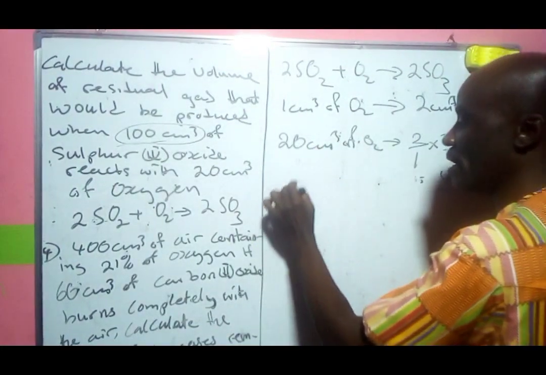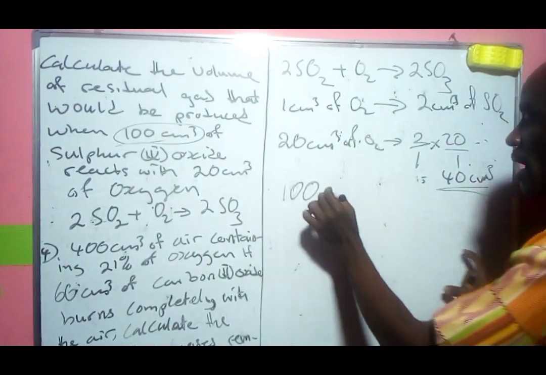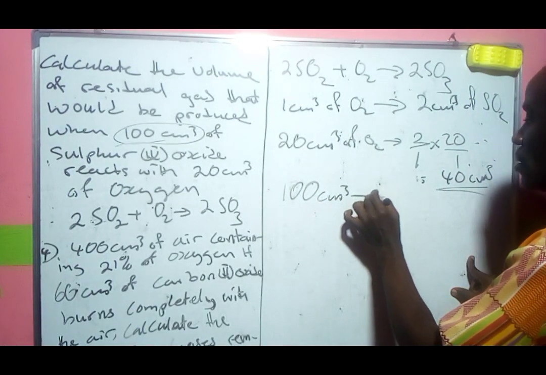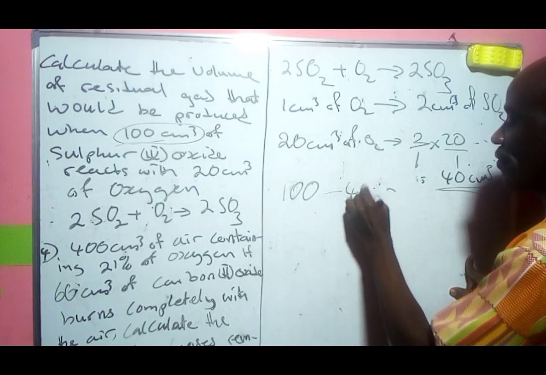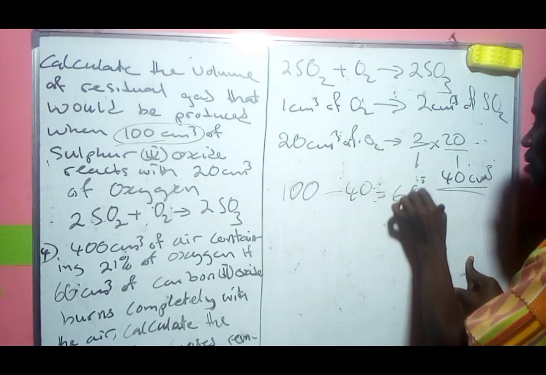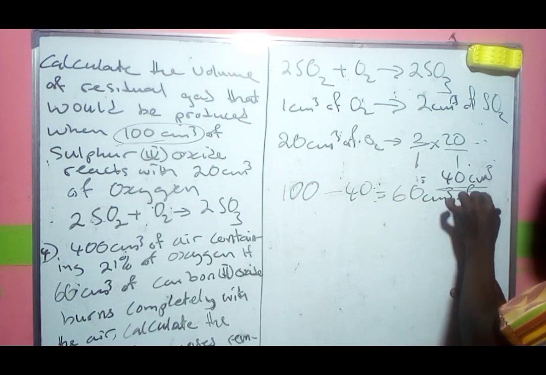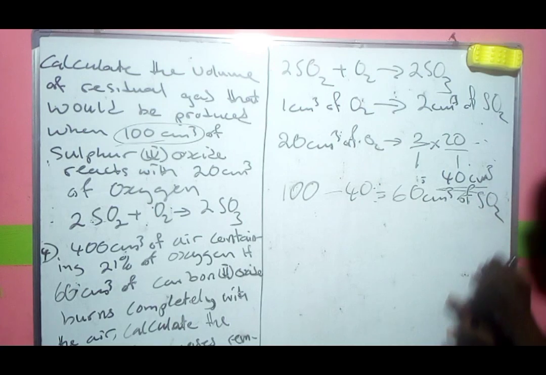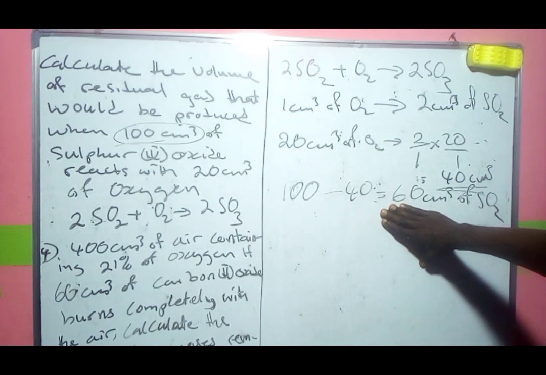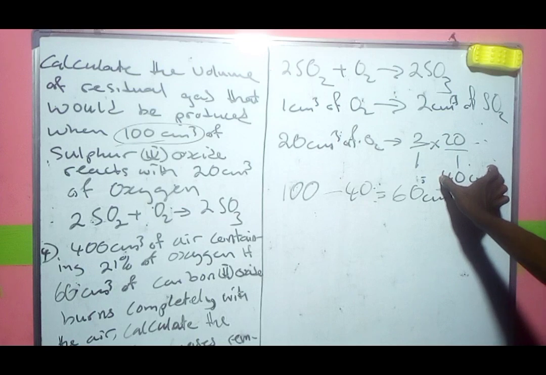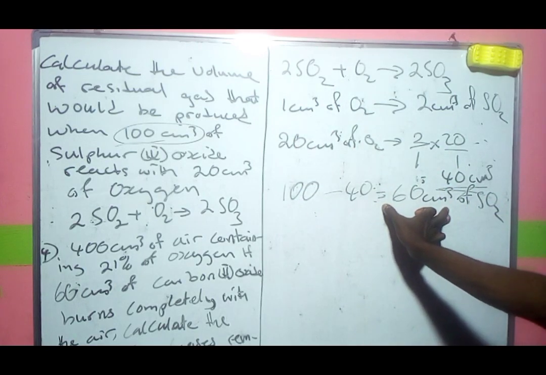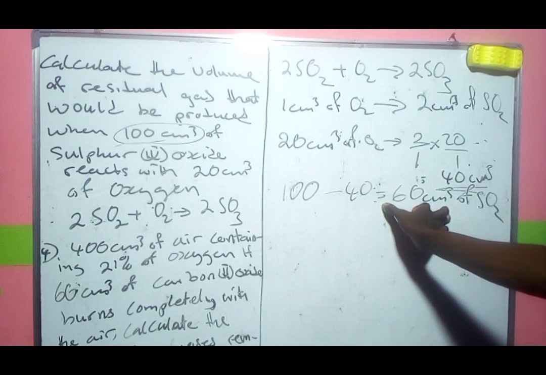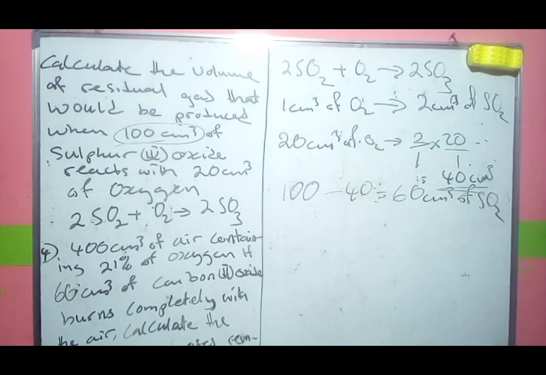So the remaining gas will be 100 minus 40, that will give us 60 cm cube of sulfur 4 gas. That's the 60 cm cube, because the rest is consumed by the 20 cm cube of the oxygen. The remaining is 60 cm cube.